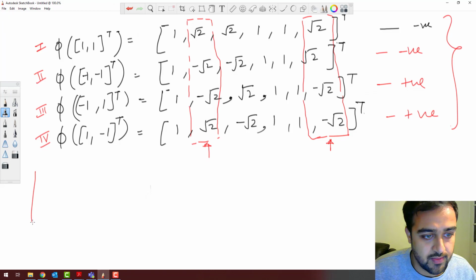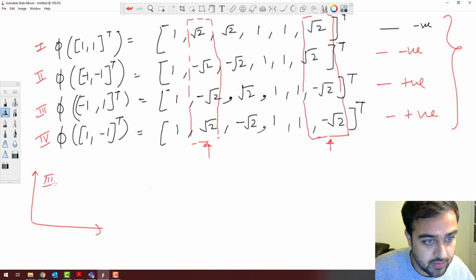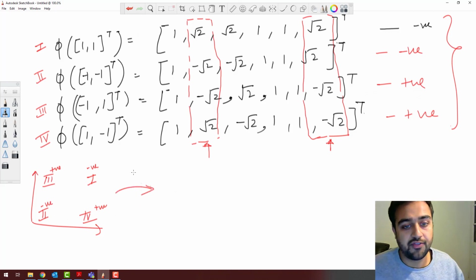Initially our points were, this was -1, 1, so this was third, this was fourth, this was first and this was second, right? So this was positive class, this was positive class, this was negative class and this was negative class.